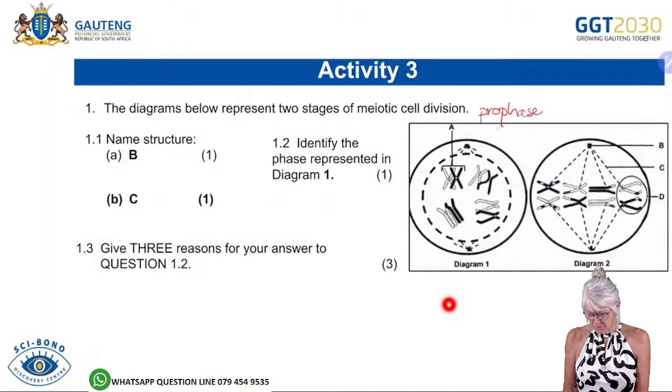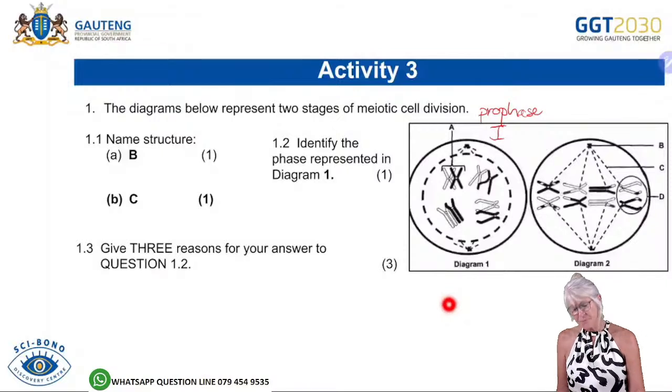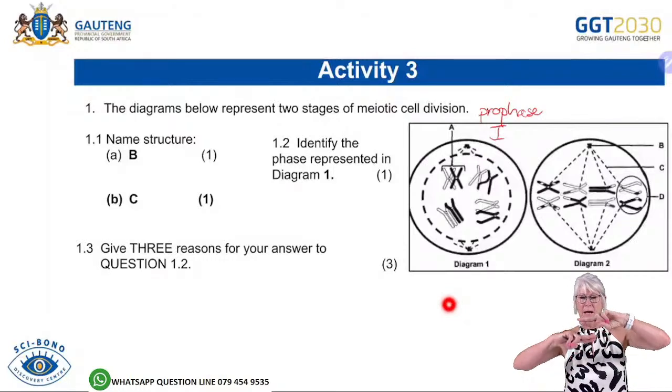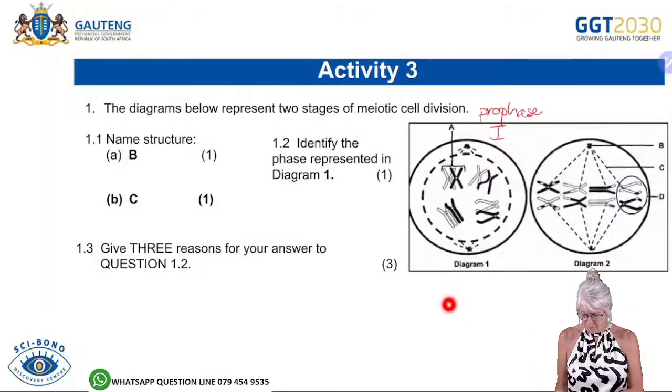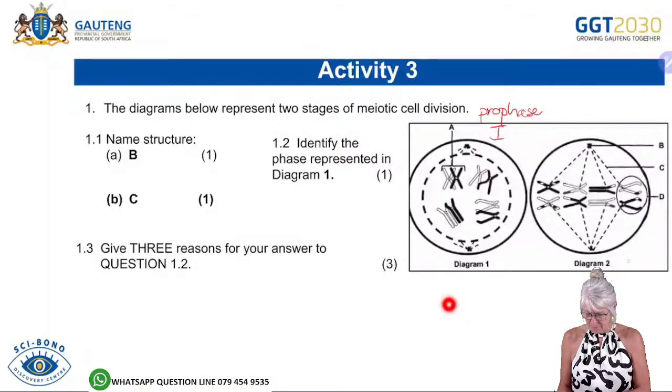If we have a look at the second diagram, again there are not single chromosomes, it's homologous pairs, and they're lined up at the equator. So this diagram must be, we said metaphase is the middle, so that would be metaphase 1 because we still have homologous pairs.